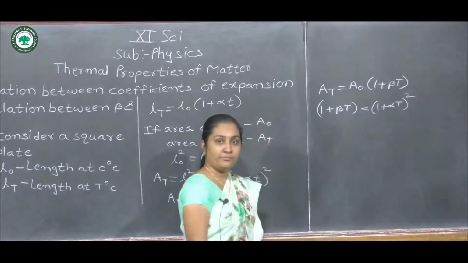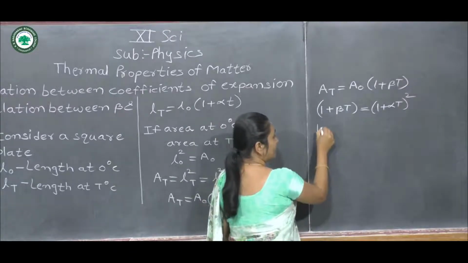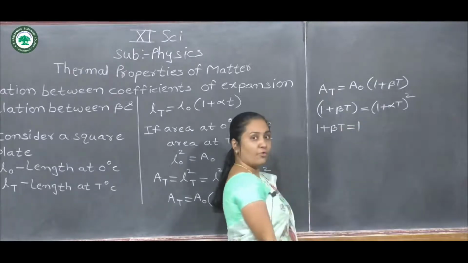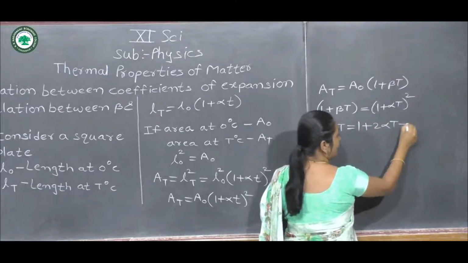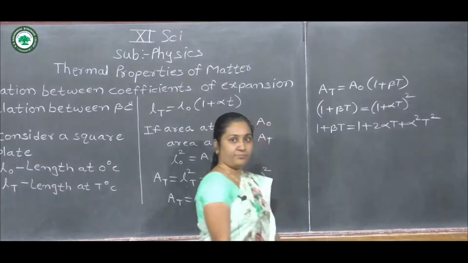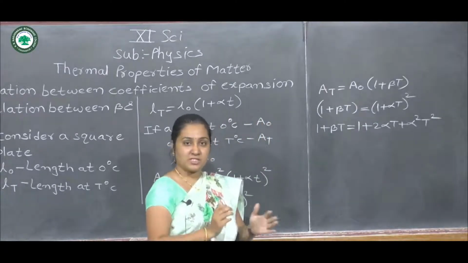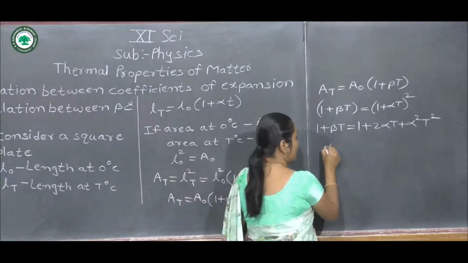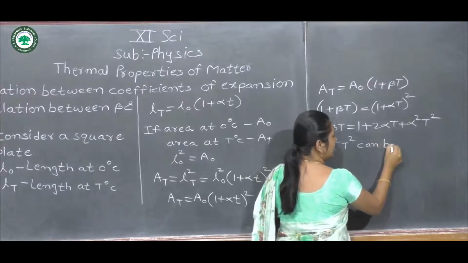Now we will expand this bracket. 1 plus beta T is equal to 1 plus 2 alpha T plus alpha square T square. We know that the coefficient of linear expansion alpha is very small, so alpha square T square can be neglected.